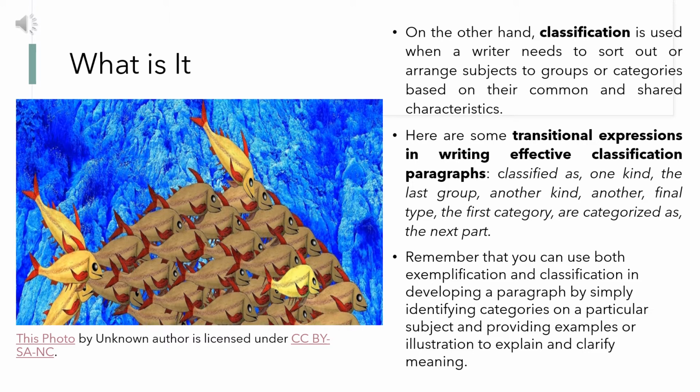Okay? So you have the topic sentence, you have the supporting details, wherein the supporting details are being grouped, are being classified. You have the pollutions, and examples are provided, and of course you have the transitional devices or expressions, and of course the concluding sentence or concluding statement.